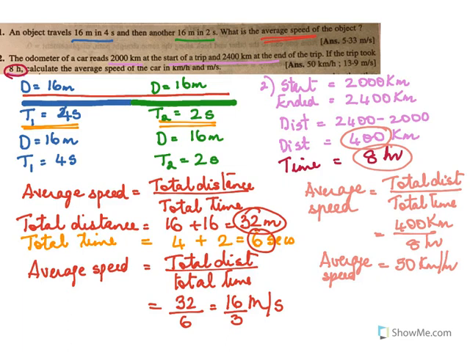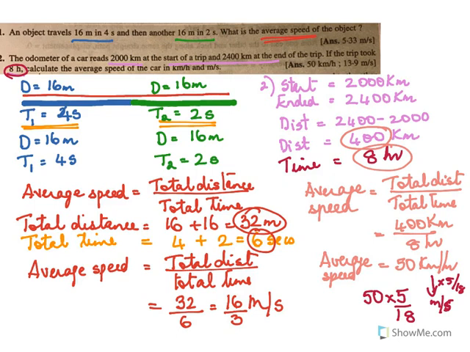Now this is something new you're going to learn. This kilometer per hour, when you want to change it to meter per second, all you need to do is take the 50 and multiply it by 5 by 18. When you multiply kilometer per hour by 5 by 18, the answer that you get will be in meters per second.